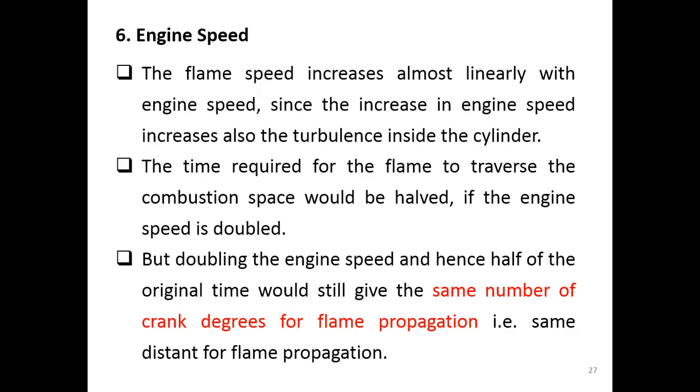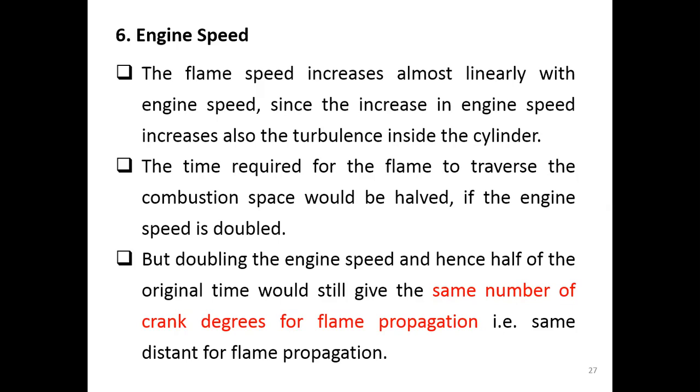So we just have half of the time for the flame to travel across the combustion space, in the case that our engine speed is doubled. Because if our engine speed is doubled, let's say the flame speed is also doubled, so the time for the flame to travel across the combustion chamber will be reduced in half.